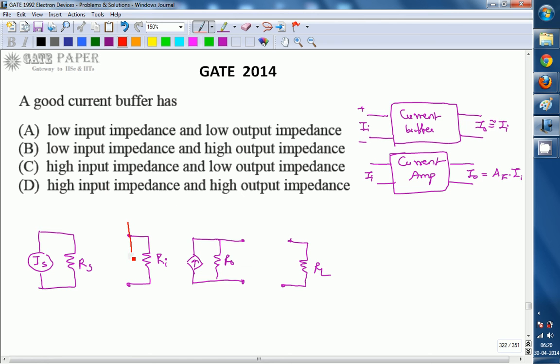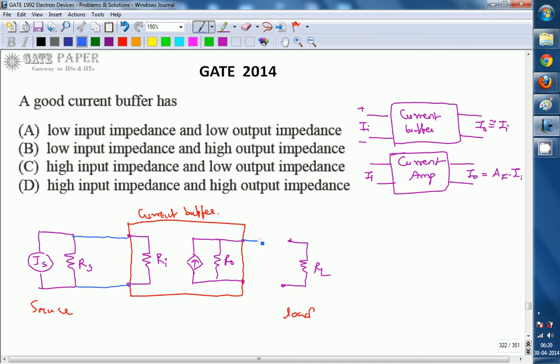So this box is the current amplifier or current buffer. This side is the load and this side is the source. You connect the source signal towards the input, and the output of this current amplifier or current buffer is connected to the load.